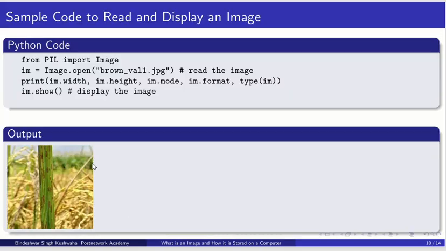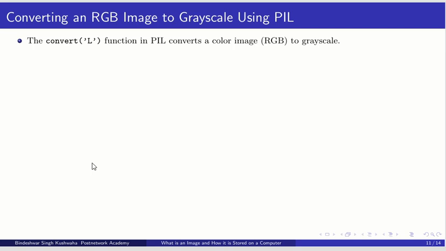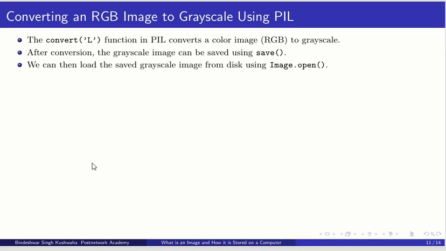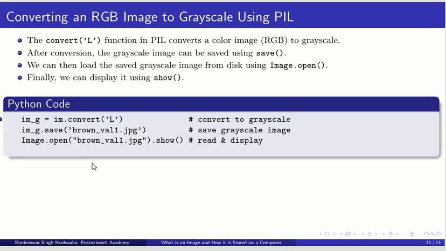Now let us see the convert method in PIL that converts a color RGB image to grayscale, and after conversion the grayscale image can be saved using the save method, and we can load it using the open method of the Image class. See that here the code is given, 3 lines of code.